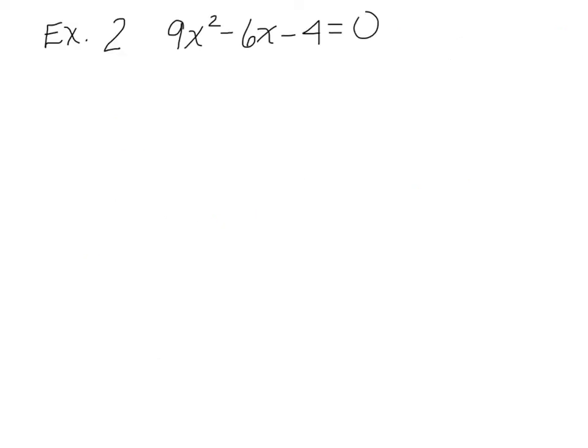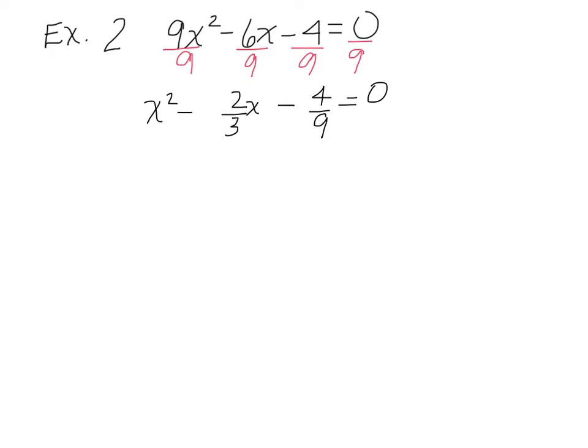Say you had a problem like this. Well, the first thing we're going to have to do is get rid of the leading coefficient, because it always has to be 1. Okay, so does negative 4/9 complete the square for negative 2/3? No, it doesn't. So I'm going to move it over and put the correct number.